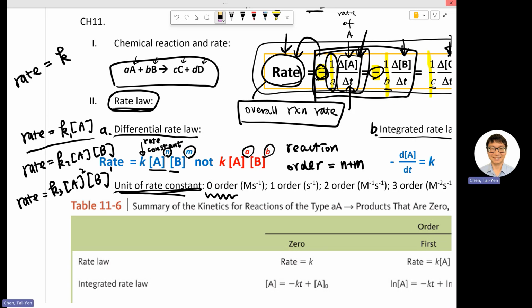Apparently, your k is going to have the same unit as your reaction rate. What is the unit of your reaction rate? Molarity per second.